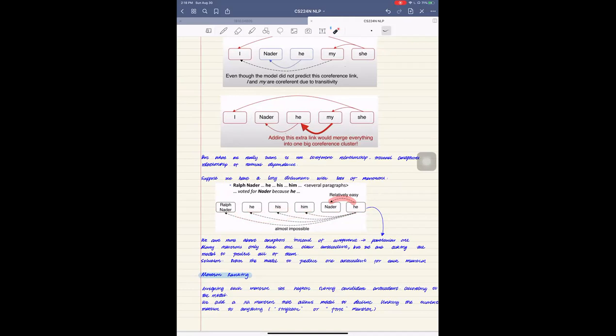We're going to rank all the anaphor and co-reference linkages, and then pick the one with the highest score. So what we do is assign each mention its highest scoring candidate antecedent according to the model. That is, we find all the antecedents of the mention. For he, all those are antecedents, and we find the one with the highest score.